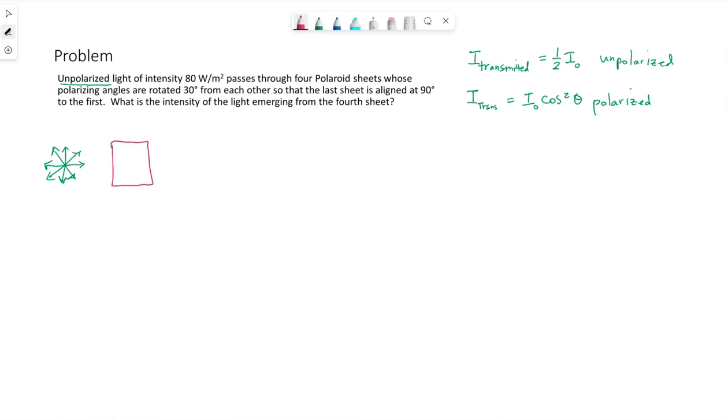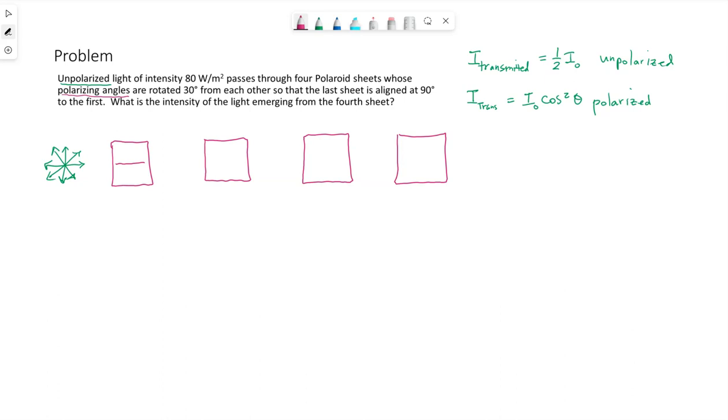We have 4 of these sheets. It doesn't tell us how the original sheet is oriented. It just tells us that the angles between their filter axes are 30 degrees apart. So I'm going to draw 4 sheets. If the first one was horizontal, I'm just choosing horizontal. I could choose vertical. I could choose anything I wanted.